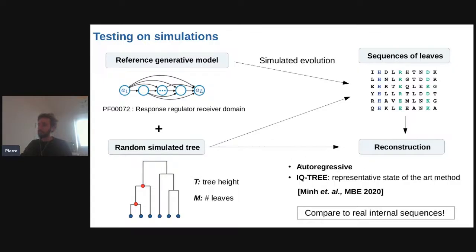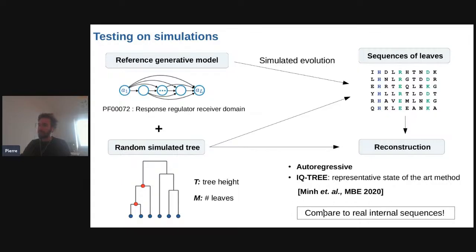We reconstruct either with the method I told you, or using IQ-TREE. We let IQ-TREE decide on the best evolutionary model with its model finder mode, and most of the time it finds the LG matrix with some gamma rates or free rates, depending on the family and the tree. So we consider this a representative state-of-the-art method.